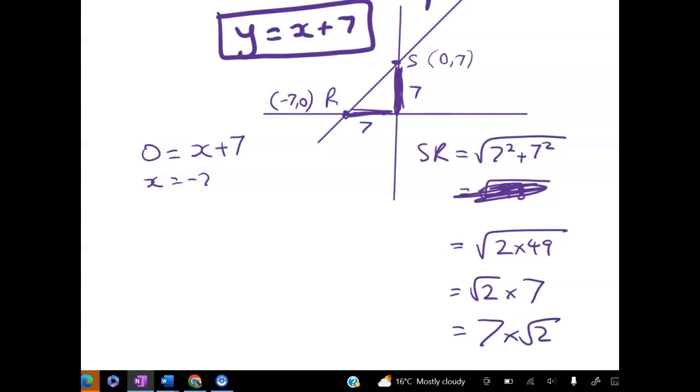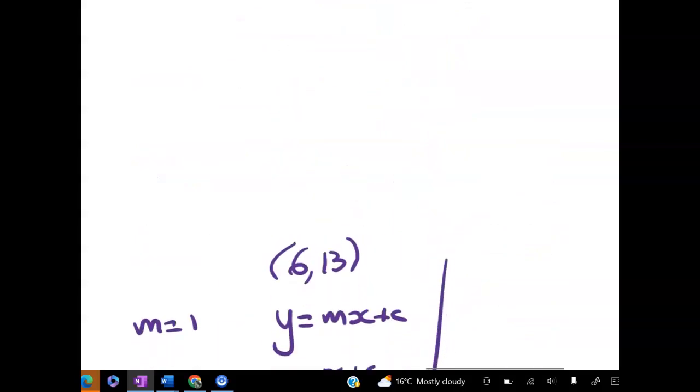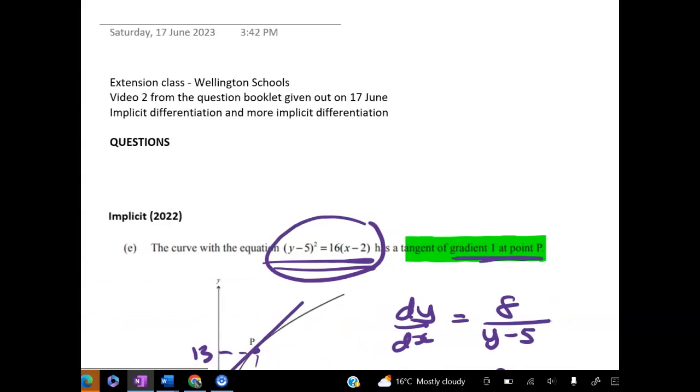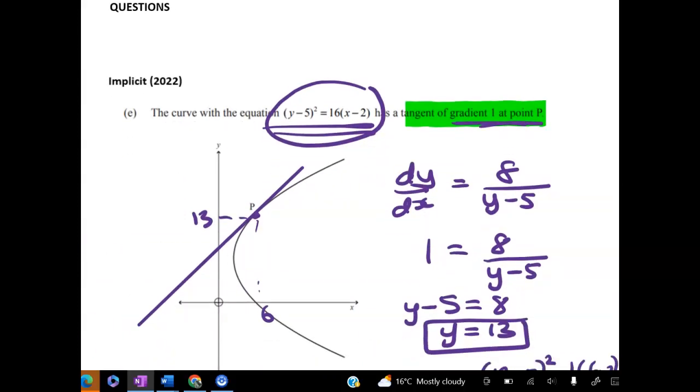So there you go. I think that if you know how to do implicit, conceptually that's a very easy excellence question. The way that I saw some of you doing it, which is good if you don't like implicit, is that you can, in this case, make y the subject. You don't have to work with implicit.